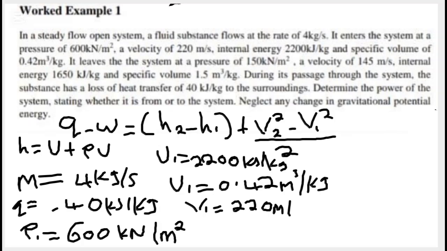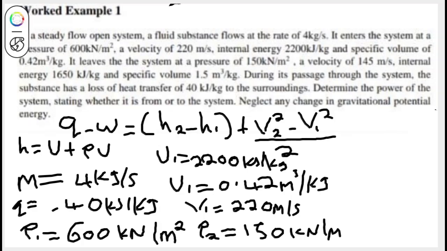And also I have the velocity, which is 220 meter per second. And for the outlet, P2, the pressure 2, is 150 kilonewton per meter squared.